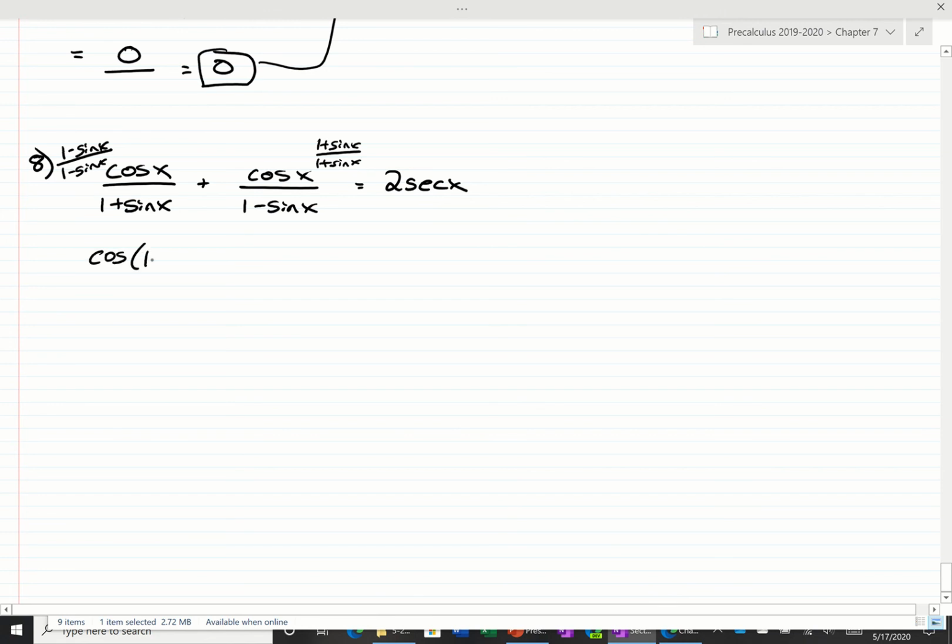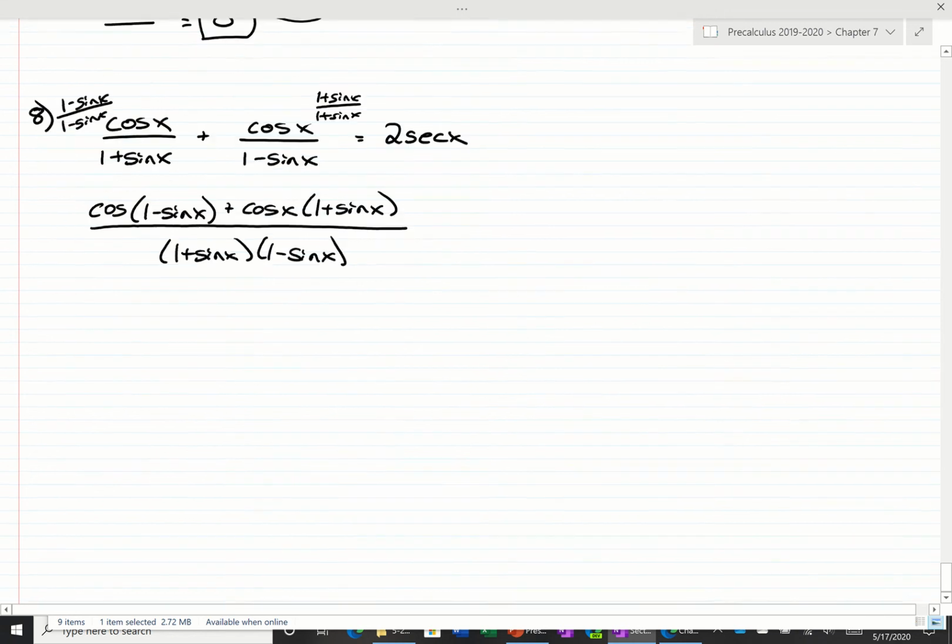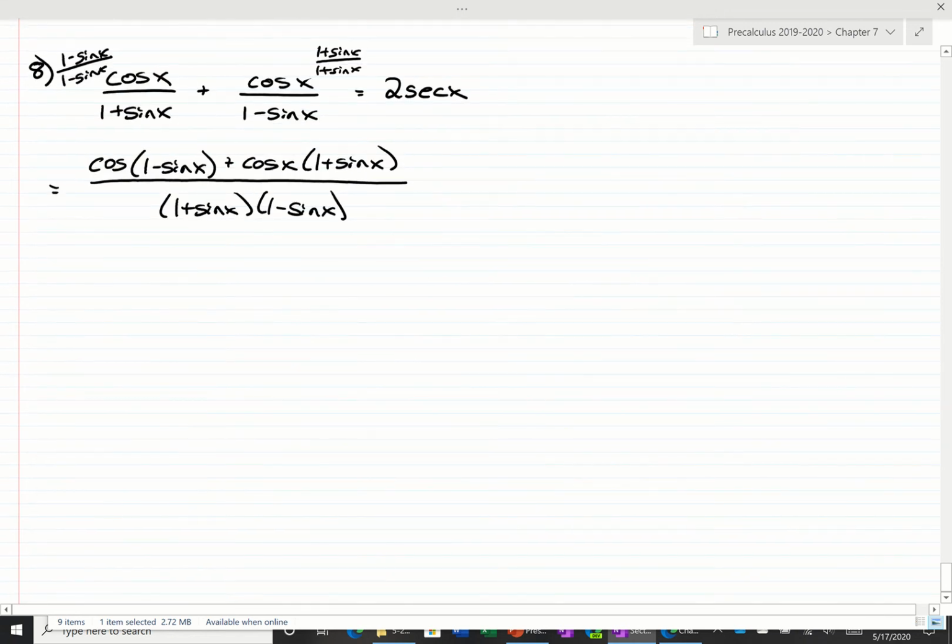So cosine times 1 minus sine of x plus cosine times 1 plus sine of x, all over 1 plus sine times 1 minus sine. Okay, so let's go ahead and distribute. On top we'll get cosine of x minus sine of x plus cosine of x plus sine cosine of x.